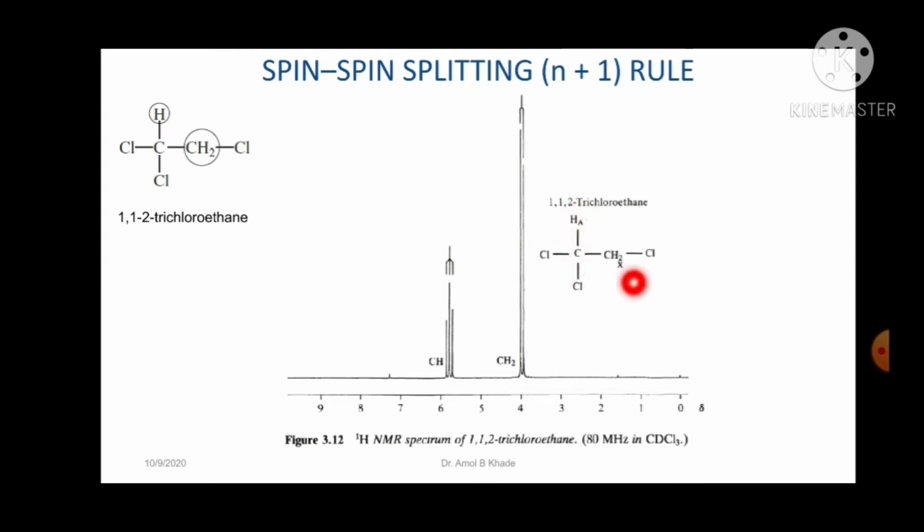Similarly, this CH2 also has a chlorine atom, but there is only one chlorine atom. Additionally, there are two protons. So that's why this CH2 is slightly more shielded, appearing towards the upfield region or the shielded zone, whereas the CH protons appear towards the downfield or de-shielded zone. So this is called spin-spin splitting.